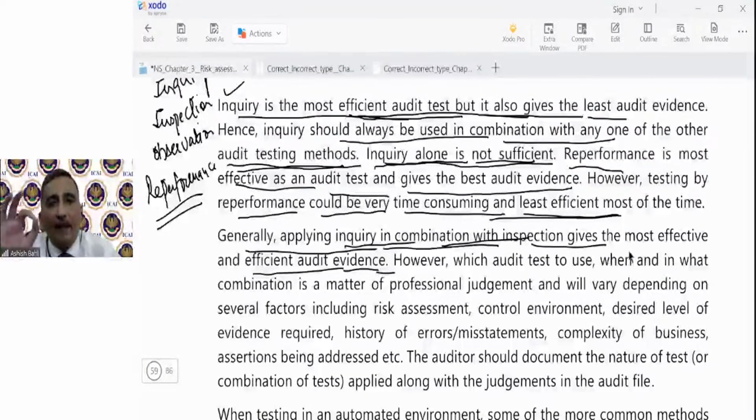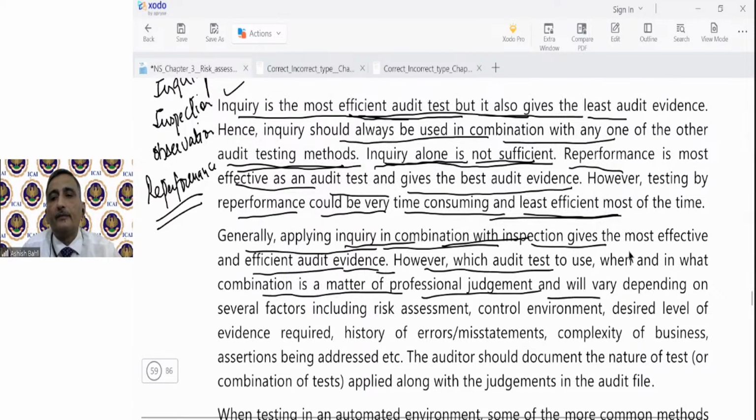it gives, वो एविडेंस भी देती है, एविडेंस भी अच्छा है, एंड इट प्रोवाइड्स एफिशिएंट ऑडिट एविडेंस. आपको टाइम भी ज्यादा नहीं लगा. इंक्वायरी प्लस इंस्पेक्शन. Okay, so however, which audit test to use, students, is a matter of professional judgment, and it would vary upon many things, like the nature of the company, like the overall control environment, and what is the risk assessment of the auditor.